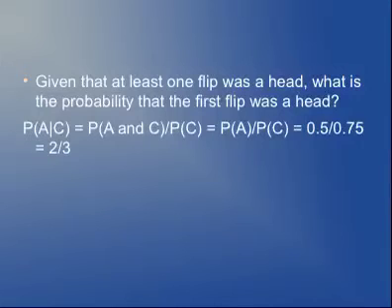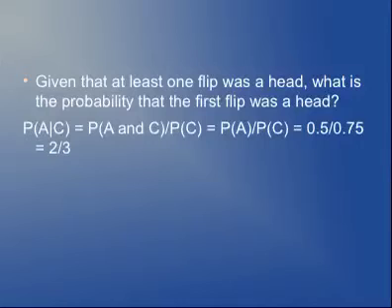Well, in this case, we want a conditional probability that the first toss was ahead, given event C, that at least one of them was ahead. So by the conditional probability rule, that's equal to the probability that the first toss is ahead and at least one toss is ahead, divided by the probability that at least one toss is ahead.